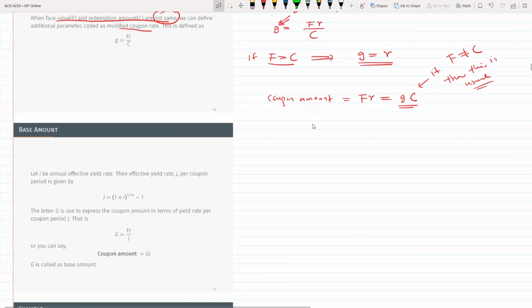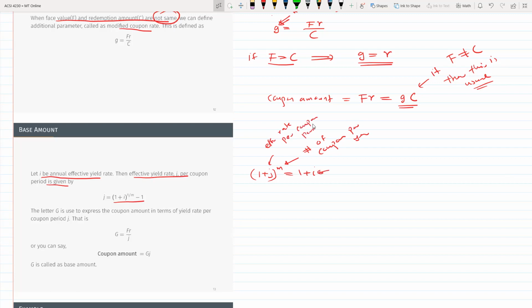Next, we can define something called the base amount. Let i be the annual effective yield rate. Then the effective yield rate j per coupon period is given by this one. Of course, we can see it easily: 1 plus j to the m equals 1 plus i. So what is m? m is the number of coupons per year, and j is the effective rate per coupon period, and i is the effective rate per year.